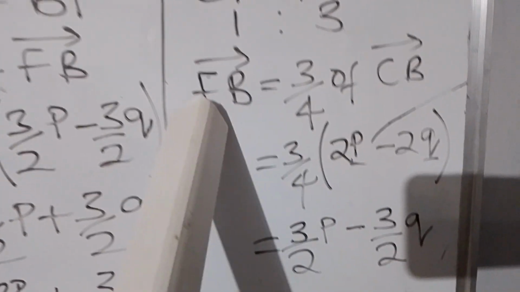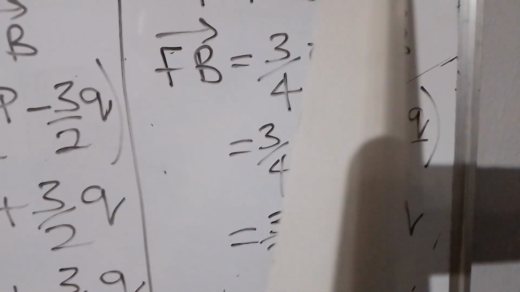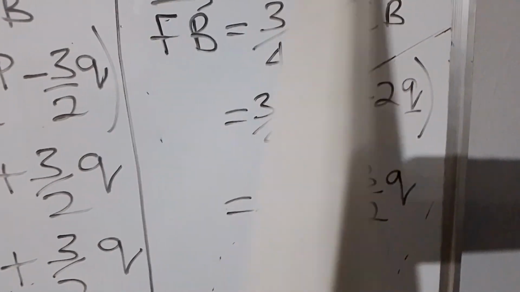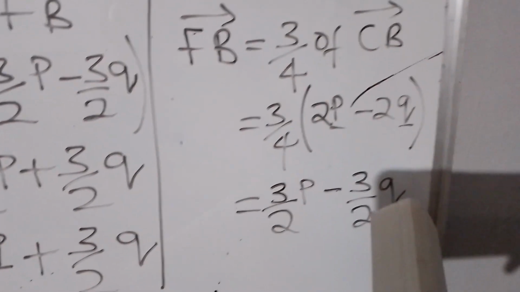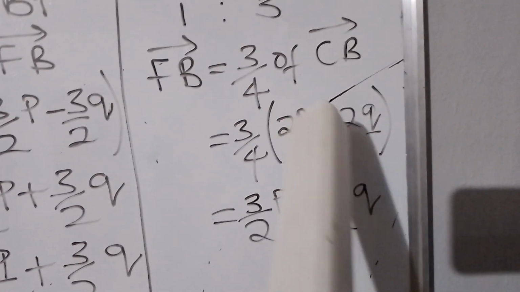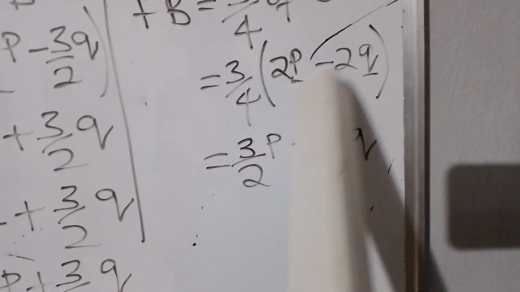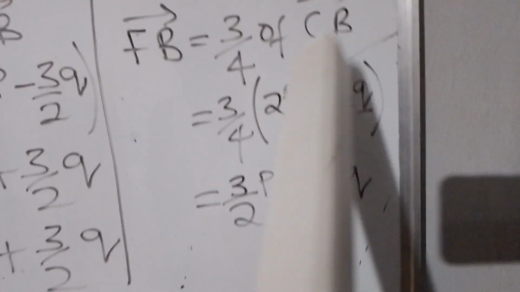So what do we do? FB is equal to the ratio of FB, which is 3 out of the total ratio, which is 4, of the length of CB. And we do know that in mathematics, of implies multiplication. So from this point, we can see 3 over 4, in brackets, what is our CB? We go back.